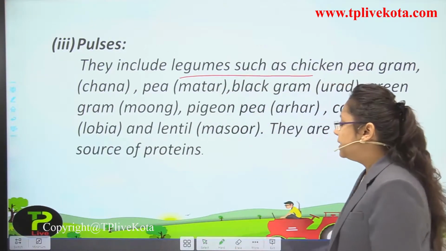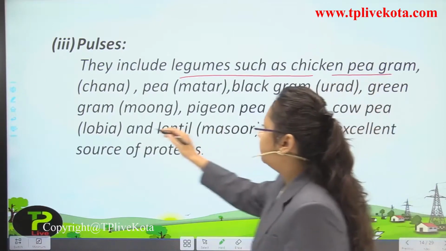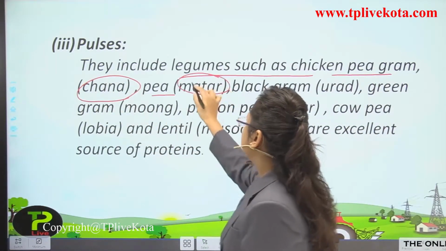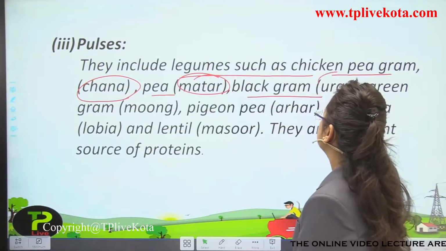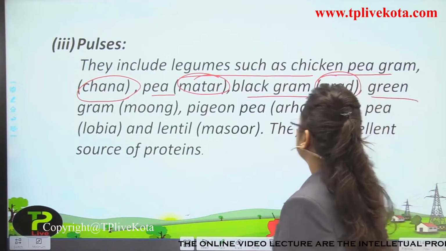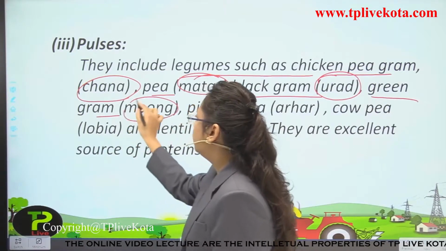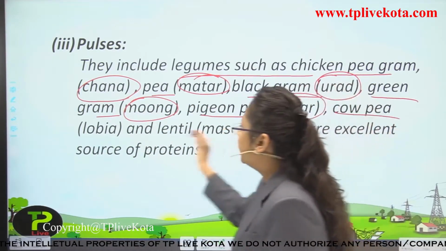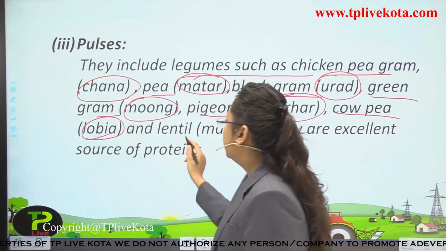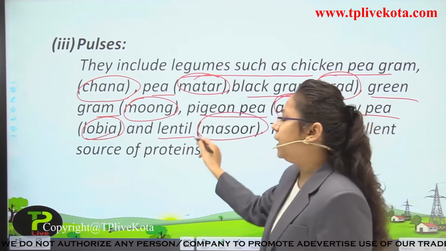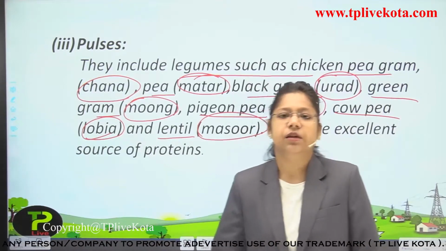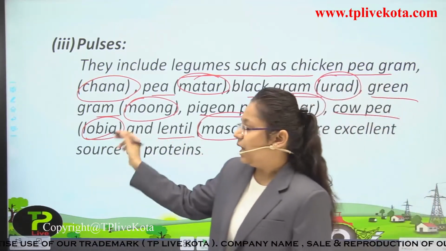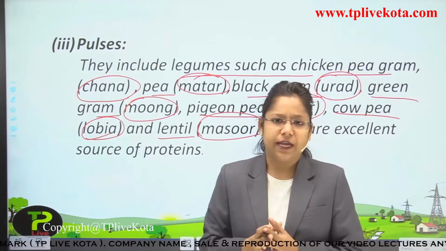Now the examples are chickpea, gram, that is known as chana, pea, that is known as matar, black gram, that is known as urad, green gram, that is known as moong, pigeon pea, that is known as arhar, cow pea, that is known as lobia, and lentil, that is known as masoor, and many more examples. In Hindi we call them dal. Masoor dal, lobia dal, and many more examples are there.